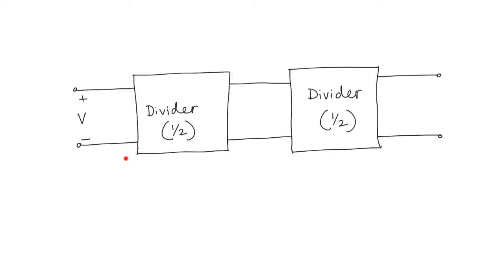This is made up of two divider blocks. Each of the divider blocks divides the input voltage by a factor of 2. So the output at the first block, let's call it V1, is going to be V over 2. And the second divider block divides its input, which is V1, and makes it half.